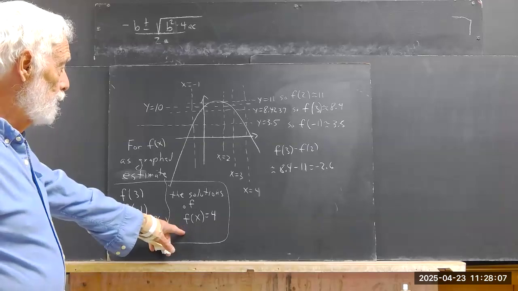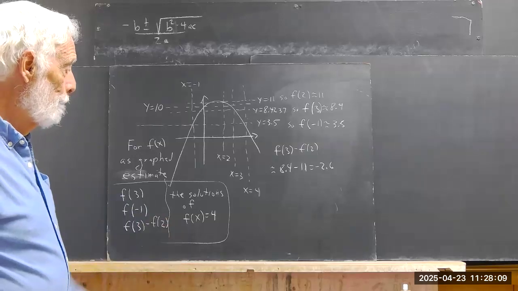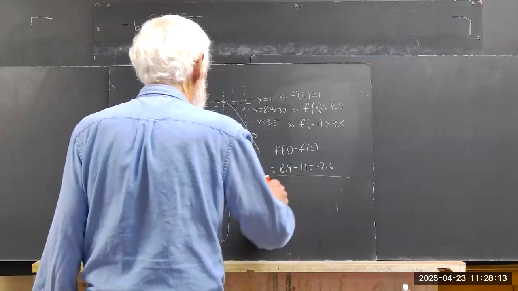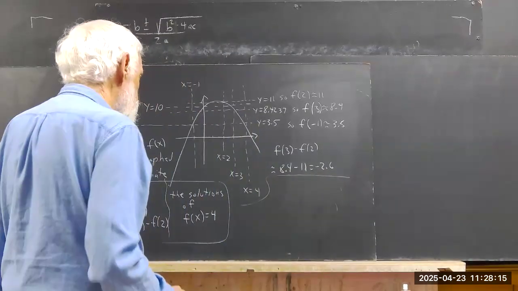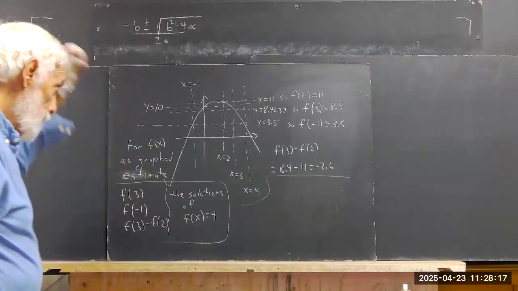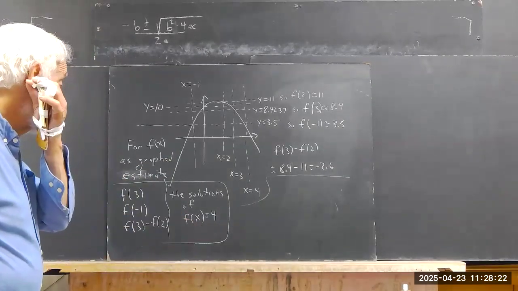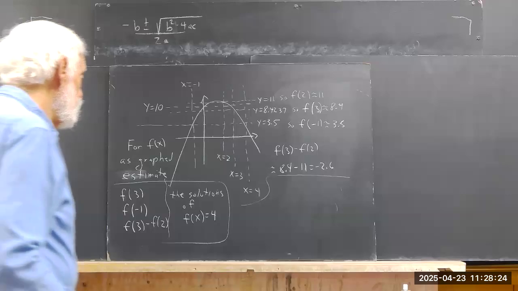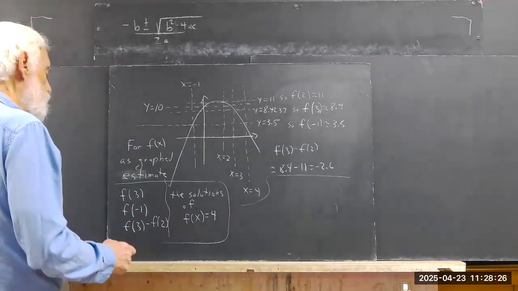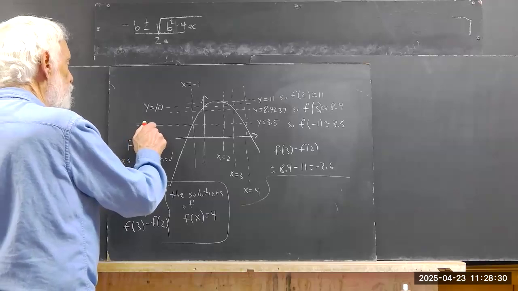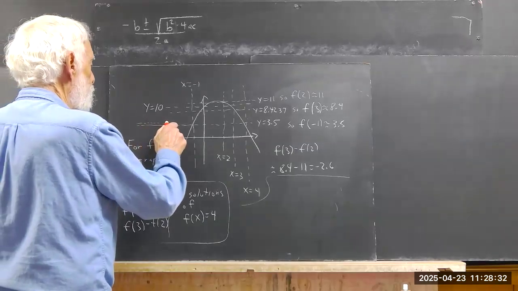Okay. Solutions of f of x equals 4. We did it last time. You might not remember. Anyway, f of x equals 4 means y equals 4. So we sketch the line for y equals 4.